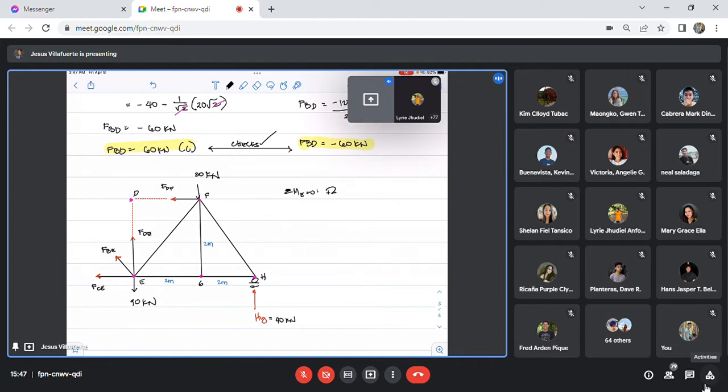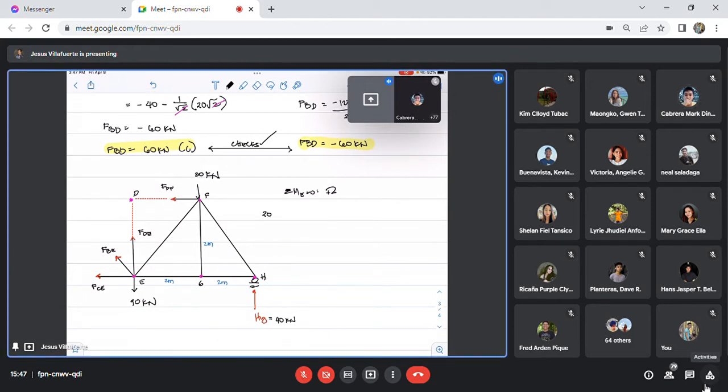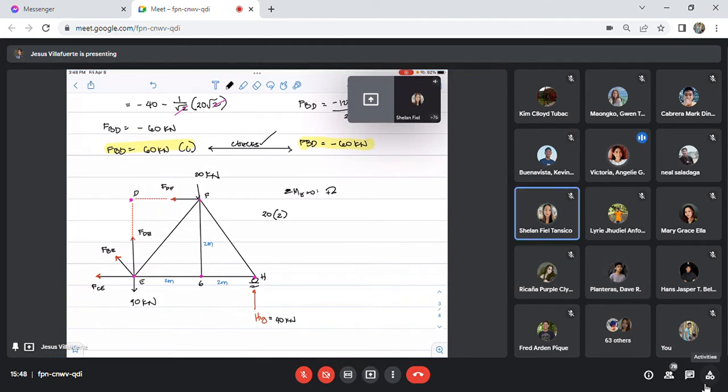Clockwise forces, class. 20 kilonewton, sir. Very good. 20 kilonewton times what is the moment arm? 2, sir. Very good. Any other clockwise force? None, sir.